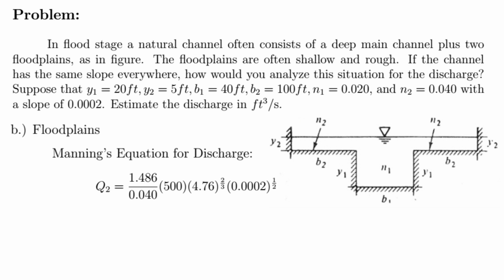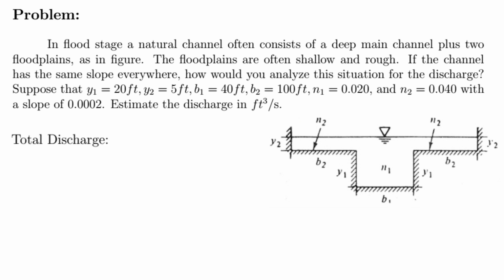The result for the discharge in one floodplain is 743.33 cubic feet per second. Since there are two floodplains, we are going to multiply 2 to the discharge in one floodplain. The result of multiplying 2 to 743.33 is 1,486.66 cubic feet per second.